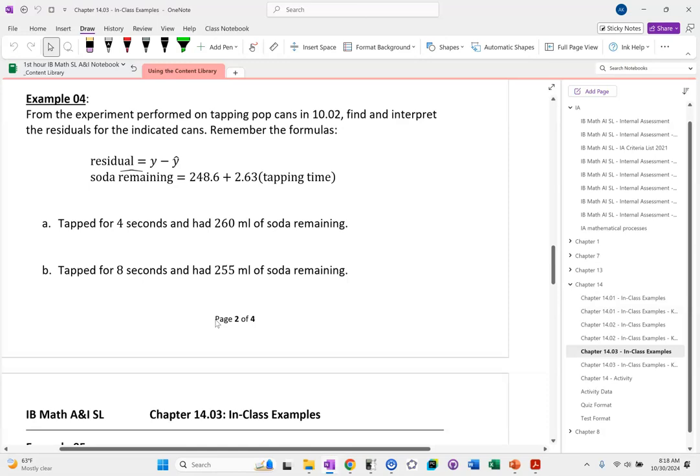From the experiment performed, tapping on pop cans, find and interpret the residuals for the indicated cans. Who can find me the residual for when I tapped for 4 seconds, I had 260 remaining?